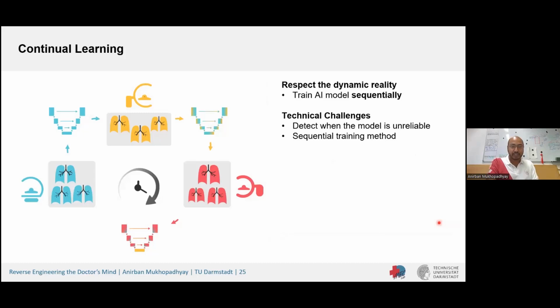So we have to come up with a framework of learning which respects the dynamic reality of the clinic: data will arrive sequentially, old data won't be available forever, and you still have to detect reliably when the model is not certain anymore, and start learning. So this is the entire learning setup that we are trying to solve.